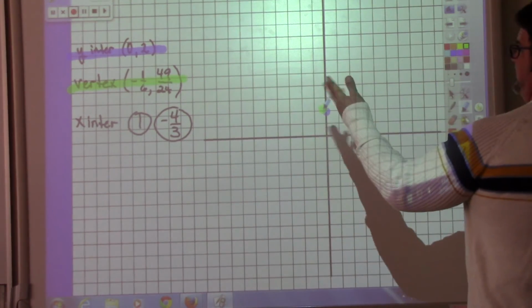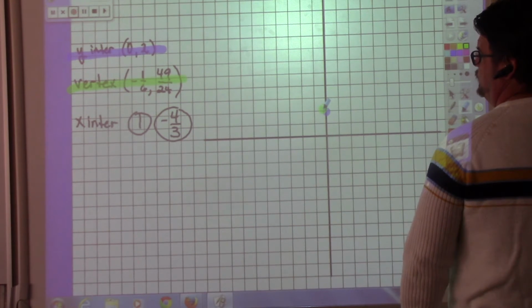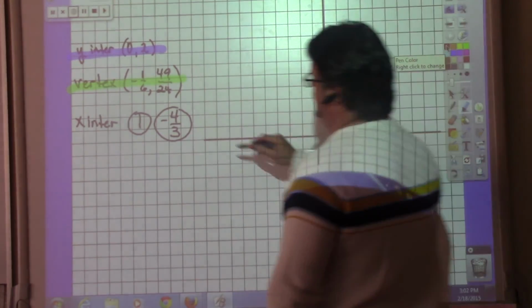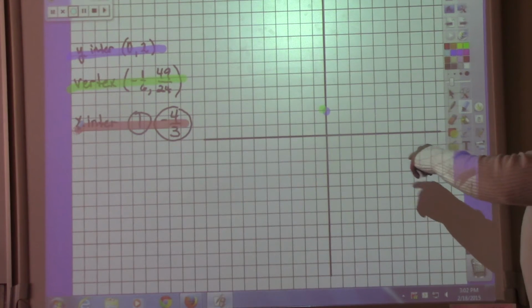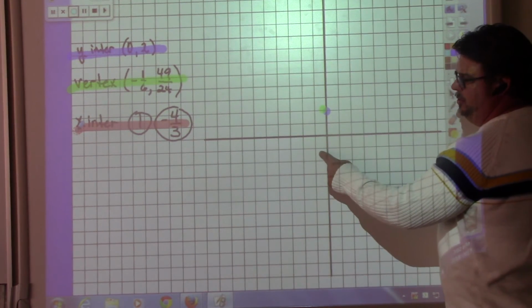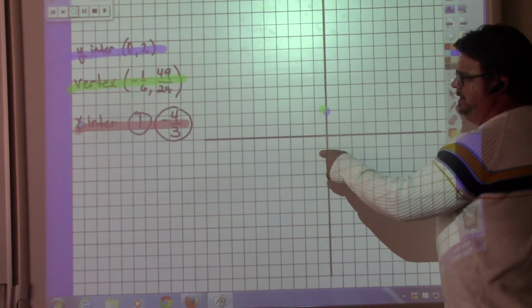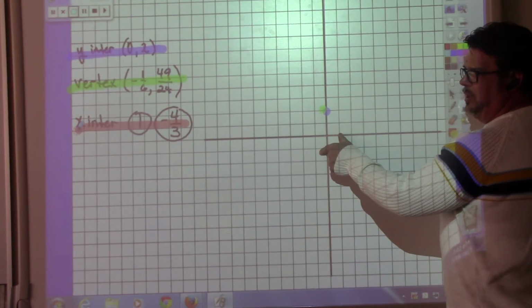Somebody, what's 49 divided by 24? 2.1, 2.2? Yeah, that's right. Okay. And then how did I know that was wrong? Because I was looking. It wasn't working. It was down here, and I knew that it opens downward, and I knew one x-intercept was over here. Something wasn't working.